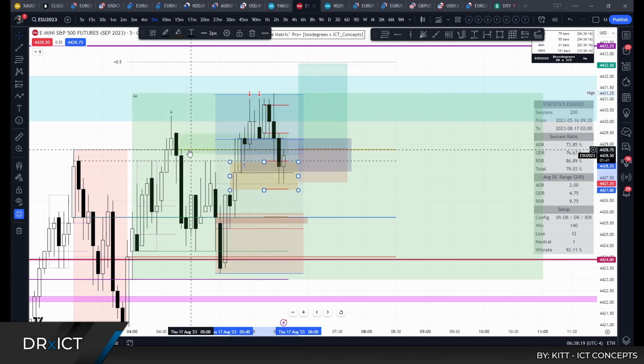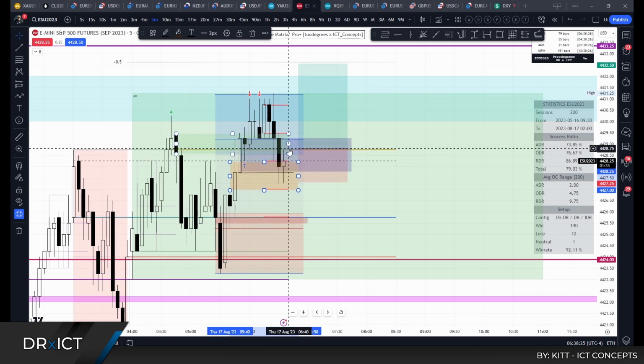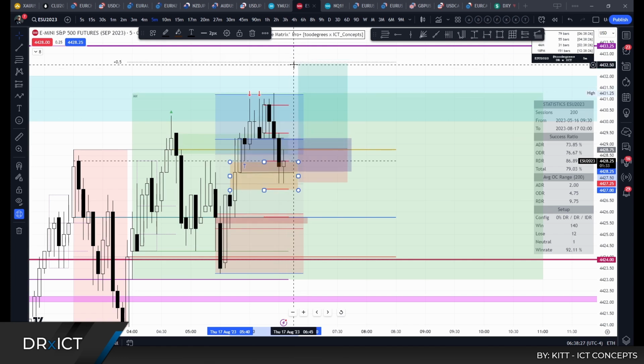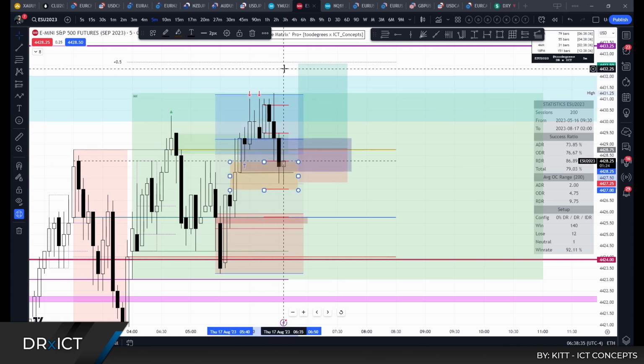So our trigger point is this yellow line. It's unscripted. It's actually the DR. So we want to take a trade from the DR, and we want to go a half standard deviation, hit our bucket 1.